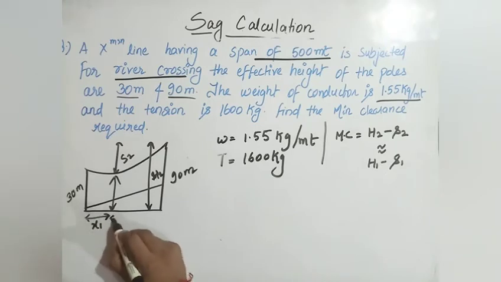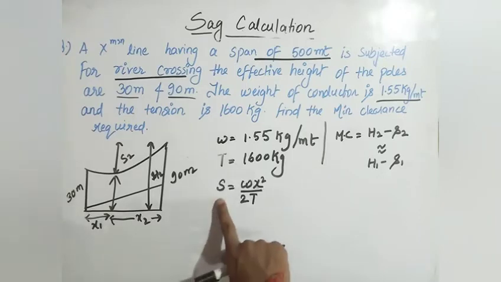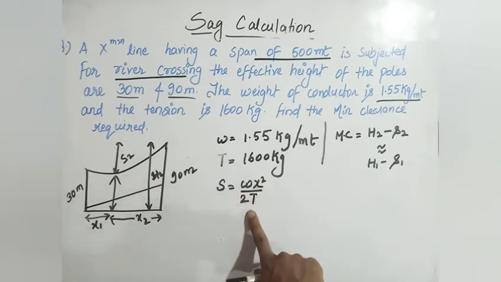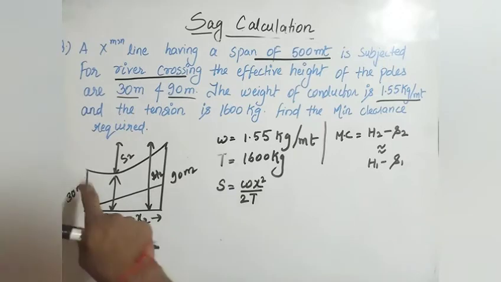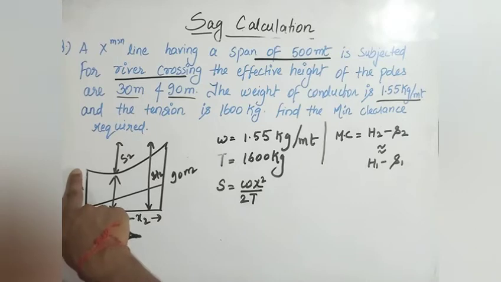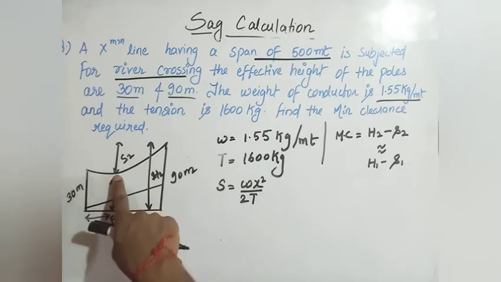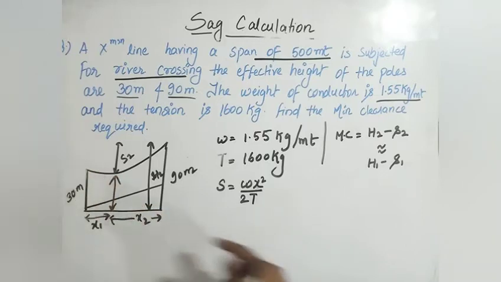We all know that sag is equal to w x square divided by 2t. The sag experienced from the first support, that is the point of support, is the difference between the height of the point of support and the minimum height of the conductor.